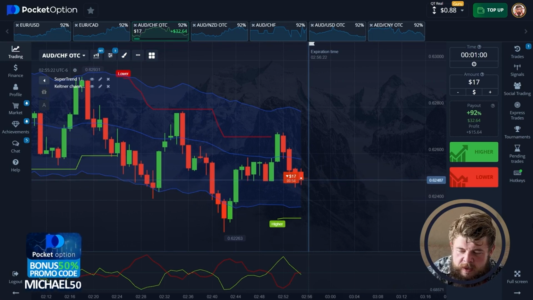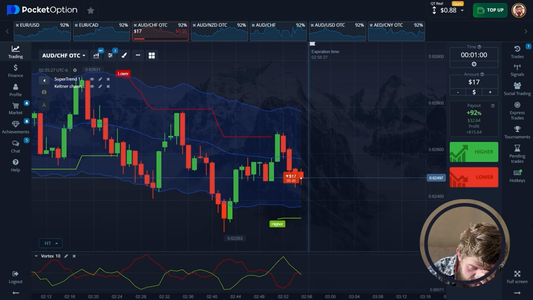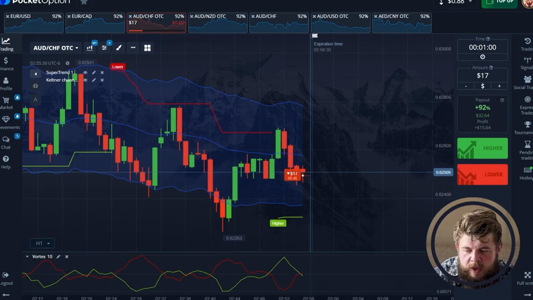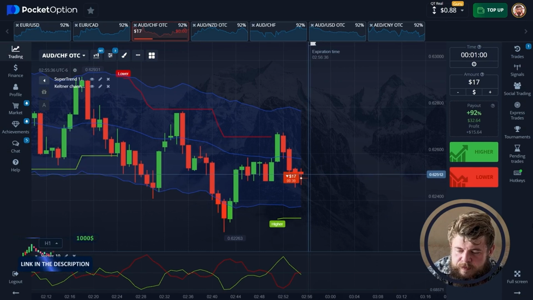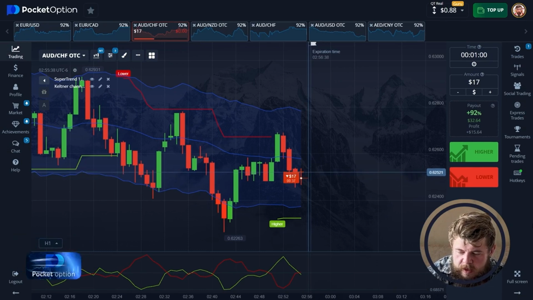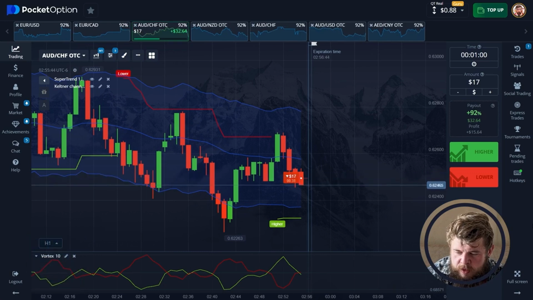because I think that price is highly likely to hit the bottom line of the Keltner channel, because we're moving in the descending channel and we're receiving a very good reaction from the trend line. So that's it. If you pay attention to the super trend indicator, we are in the buy zone.